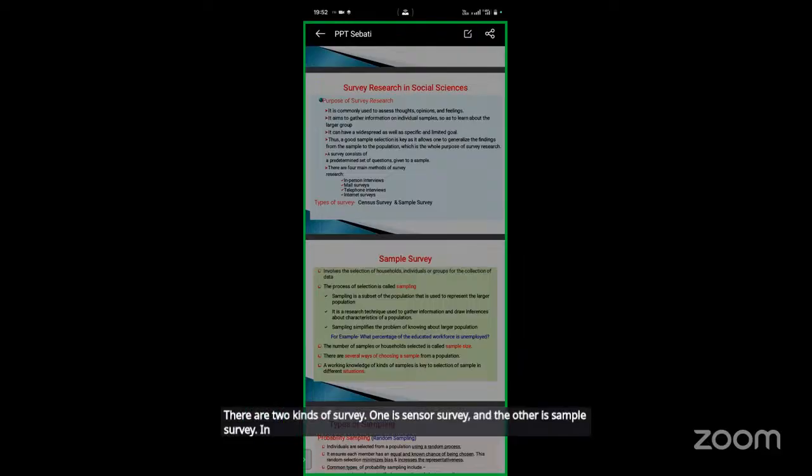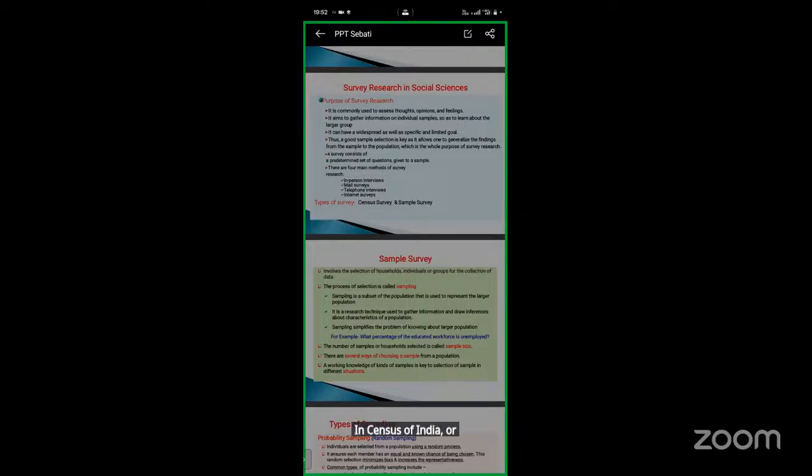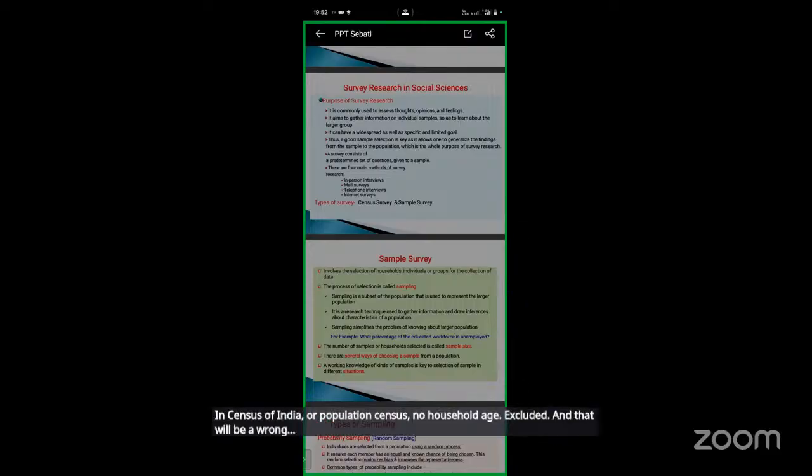It will be very simple. There are two kinds of survey. One is census survey and the other is sample survey. In census survey, all households or individuals are included. That means in the census of India or population census, no household is excluded, and it would be a wrong procedure to exclude any household, any state, or any district.